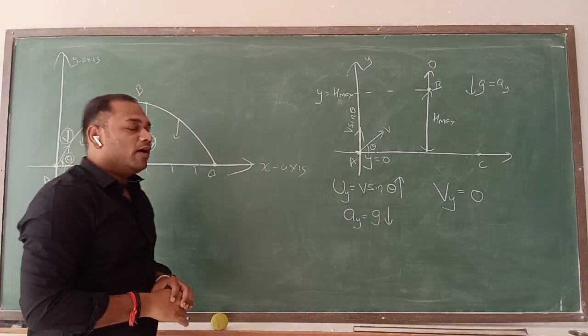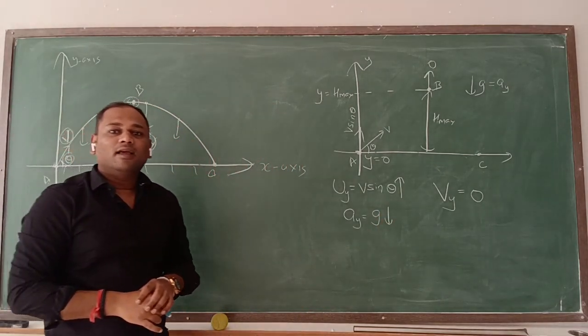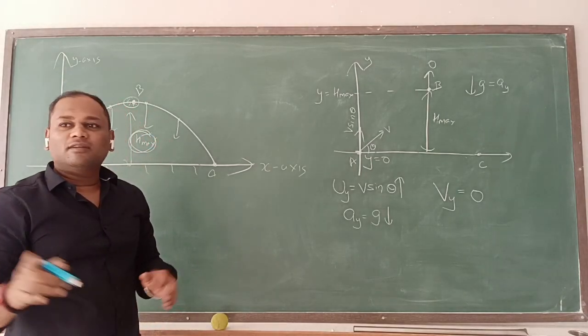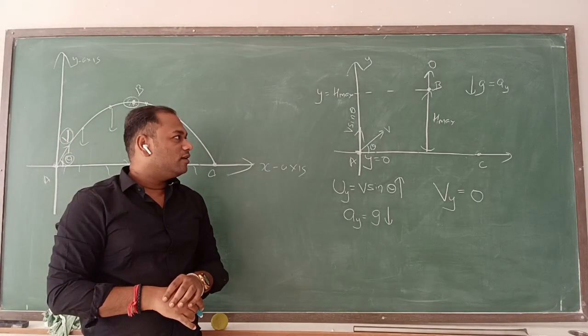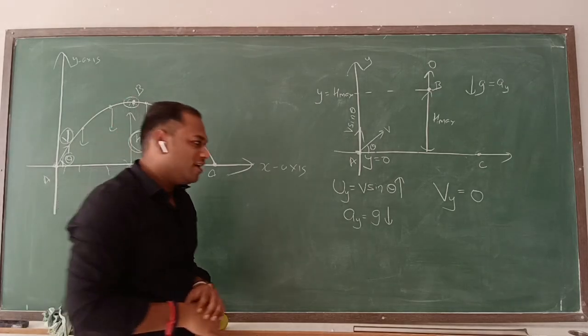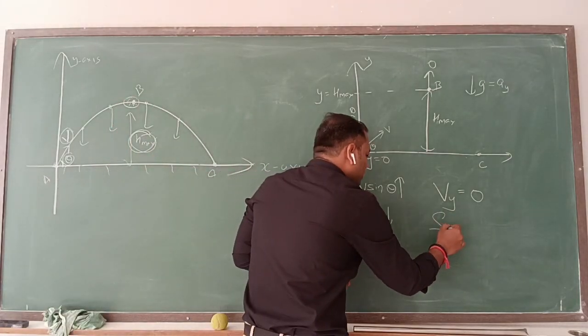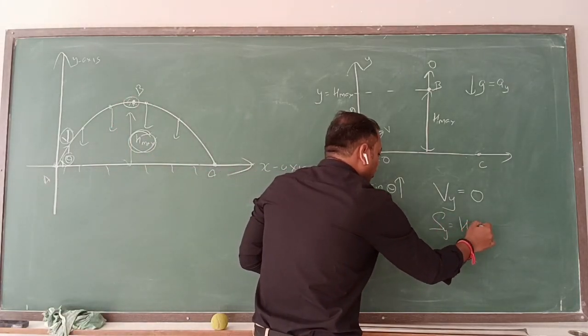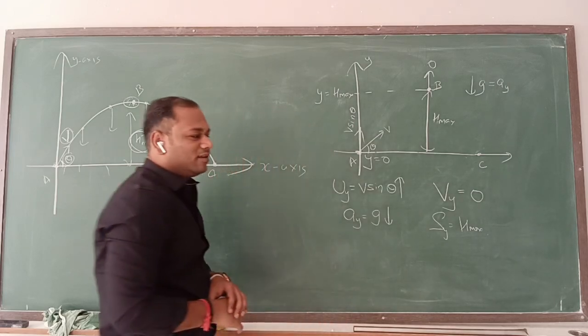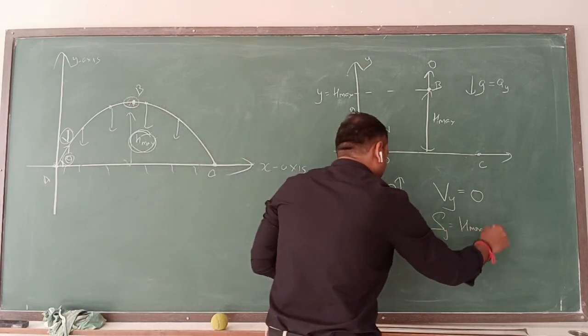What is the vertical displacement the body is taking? Can anybody tell me, from the students? Tell me the answer. Yes. The vertical displacement is h max, and what is the direction? Yes, upward direction.